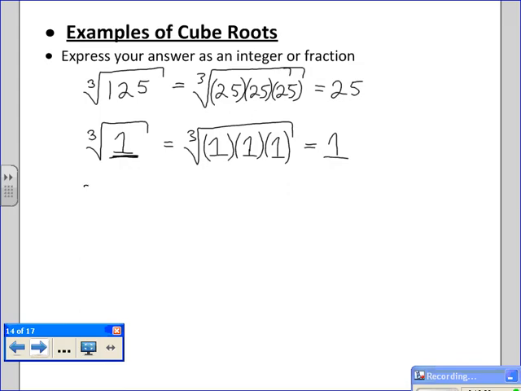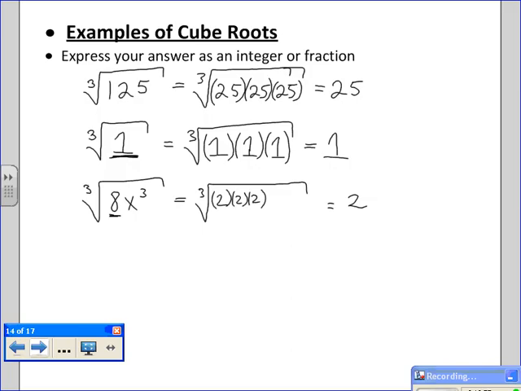How about this one? The cube root of 8x cubed. Okay, again, think about what's inside the root symbol. Well, 8 is a perfect cube. If I cube rooted 8, I would get 2, because 2 times 2 times 2, 2 cubed gives me 8. Okay, and if I want to undo the cubing on x cubed, just think about that. How did you get x cubed?